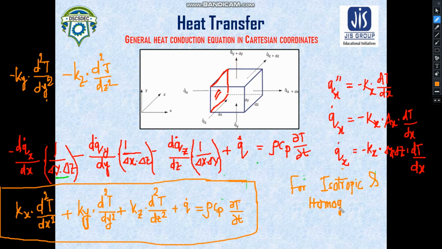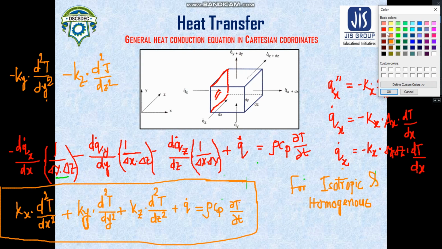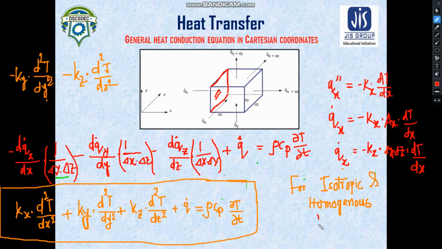So this material will have exactly the same properties all over the control volume. So when we assume that this control volume system is isotropic and homogeneous, it is quite simple to understand that the thermal conductivity for the three different directions will be exactly the same.